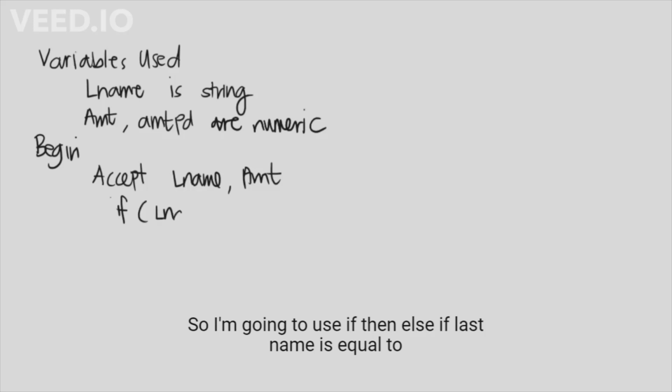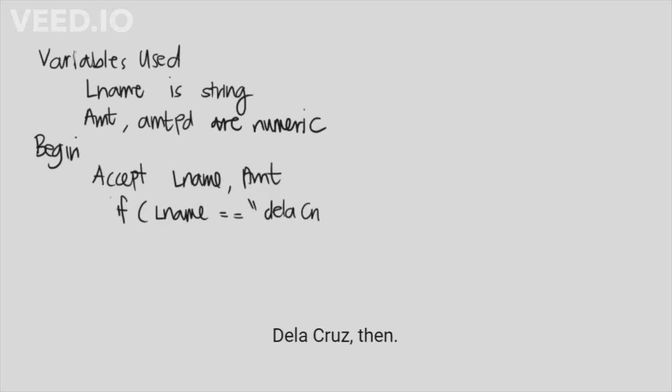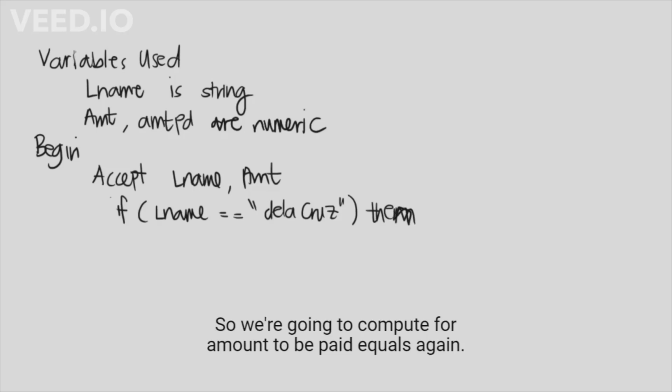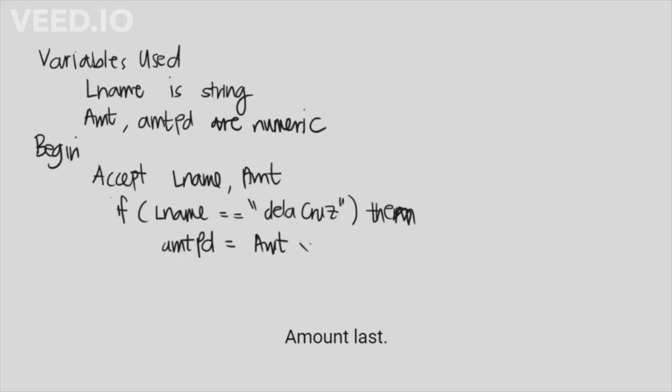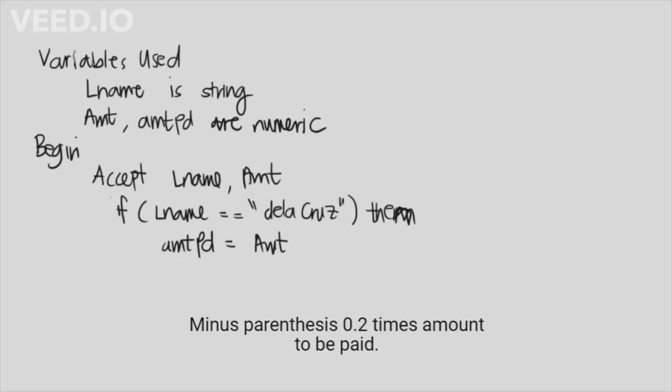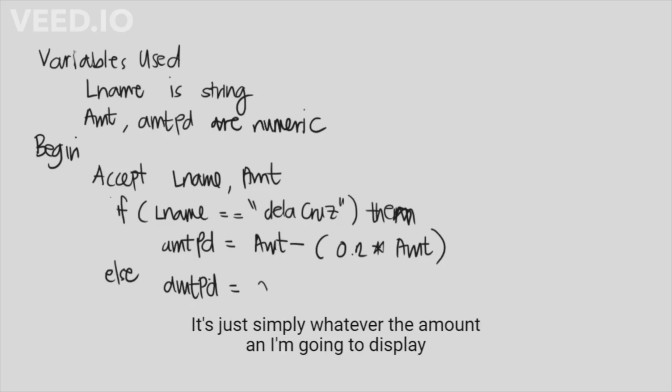If last name is equals to De La Cruz, then we're going to compute for the amount to be paid equals, again, amount minus parentheses 0.2 times amount, else amount to be paid is just simply whatever the amount.